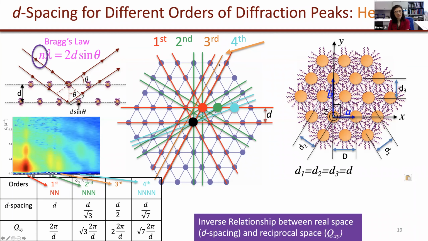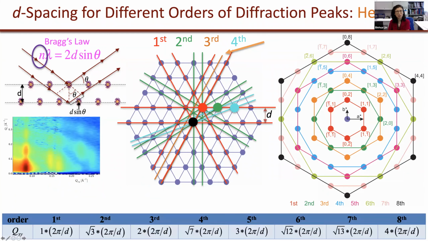In fact, this is much easier to view in the reciprocal lattice space, in this representation. If you follow the same directions, all those spots lining up belong to the same harmonic group. The first one, n equals 1, is the first order.